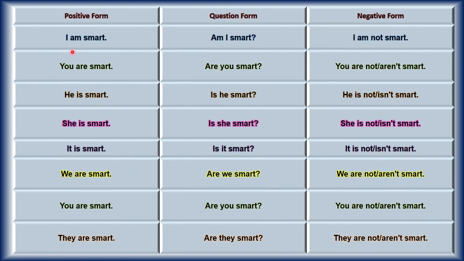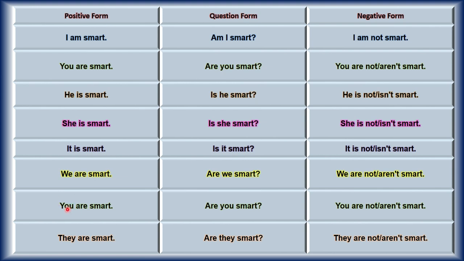In positive form, we, that means plural. Don't forget that you are included in this sentence. We are smart. Question. Are we smart? Negative form. We are not smart. We aren't smart.